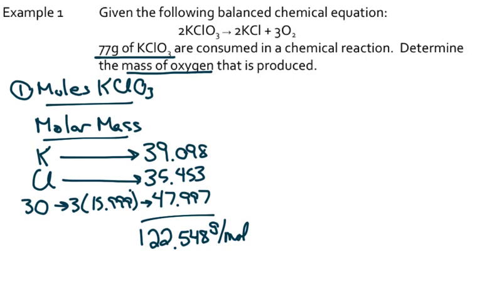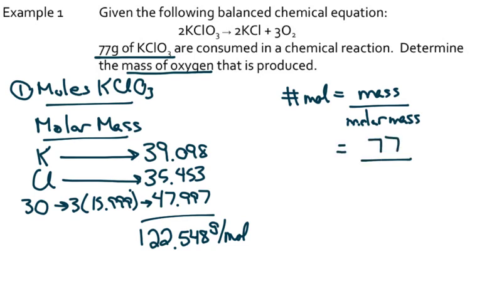Now that we know the molar mass of KClO3, we can find out how many moles of it we have. Looking at the mole conversion chart, we know that to find moles, we take mass and divide that by molar mass. So 77 grams divided by 122.548.